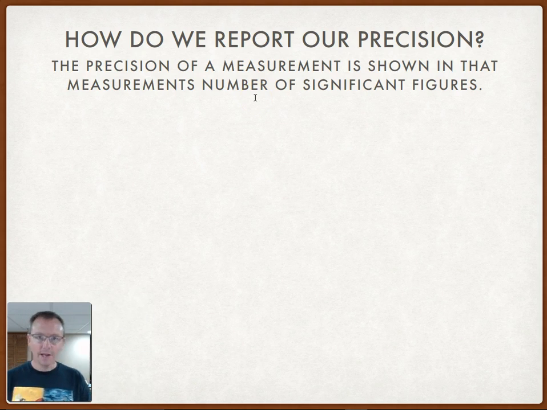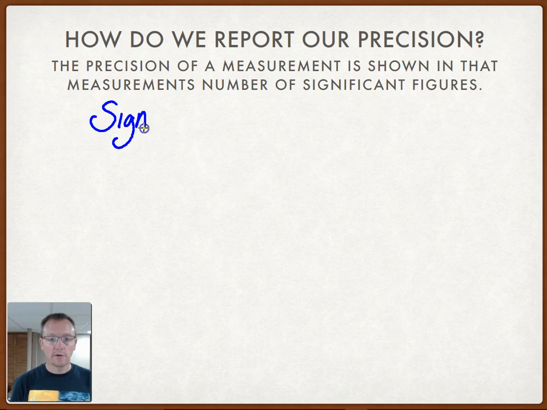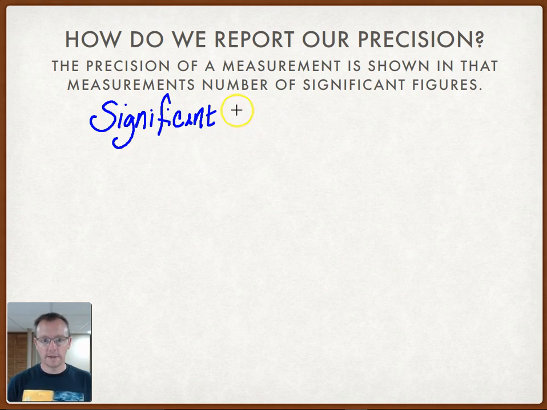So now, how do we report that precision? Well, here's where everything goes wrong because you guys may have had to experience this in your chemistry classes before. However, we do this now for the entire year, and that is we work on something called significant figures. If you have never heard of significant figures before, you are in for a treat.